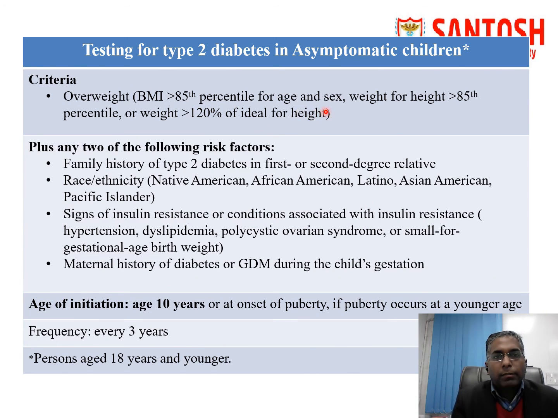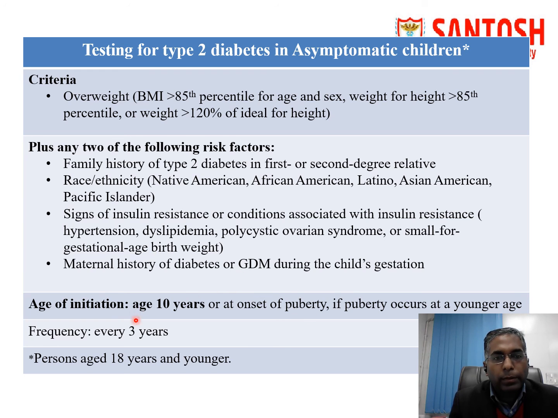In children, testing for type 2 diabetes mellitus in asymptomatic children: the criteria is if the BMI is more than the 85th percentile for age and sex, weight for height is more than the 85th percentile, or weight more than 120% of ideal for height, they should be screened for diabetes mellitus, plus family history, ethnicity, signs of insulin resistance, and maternal history of diabetes or GDM during the child's gestation.